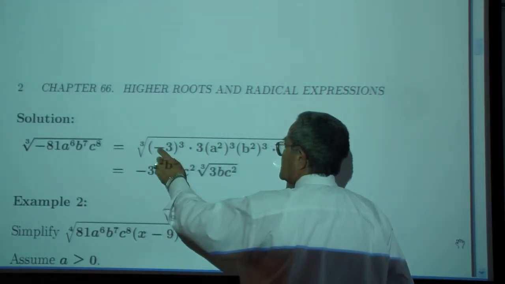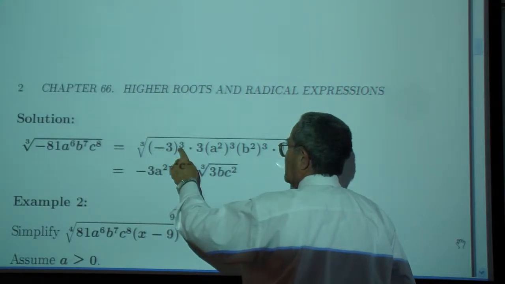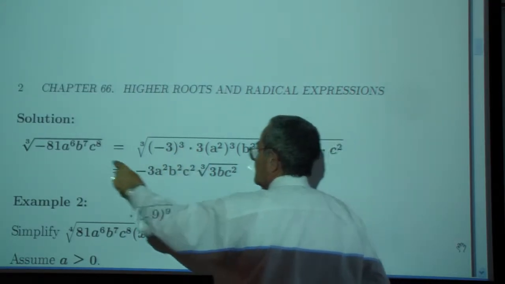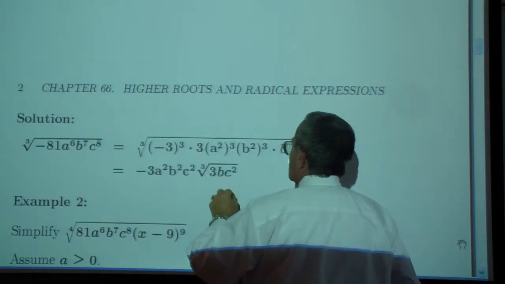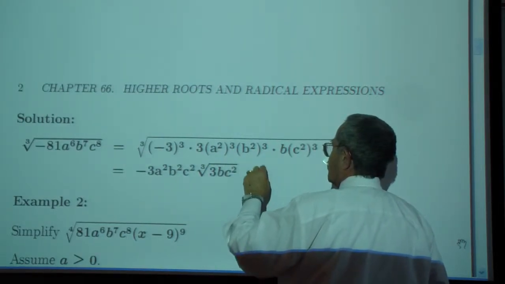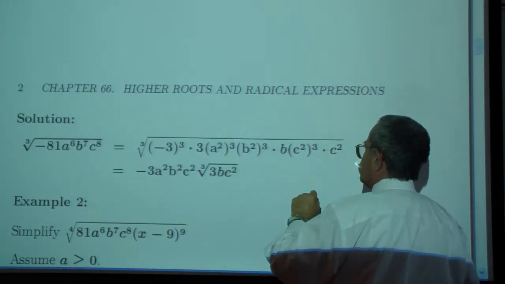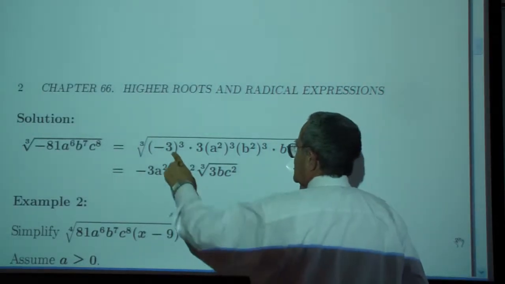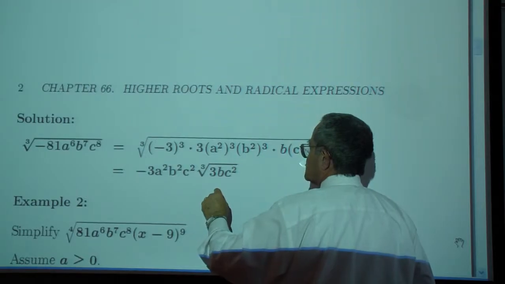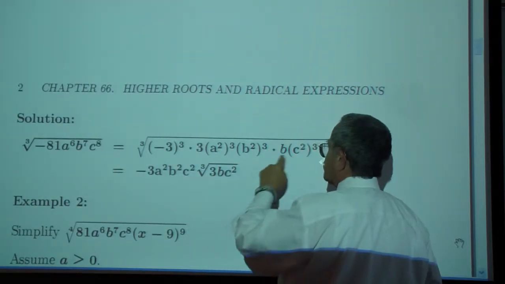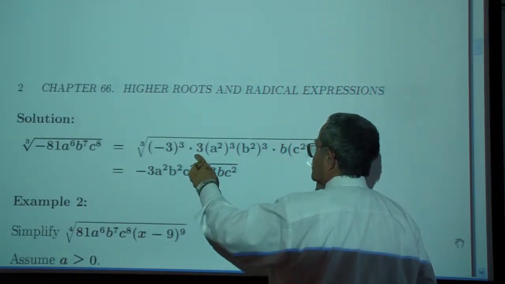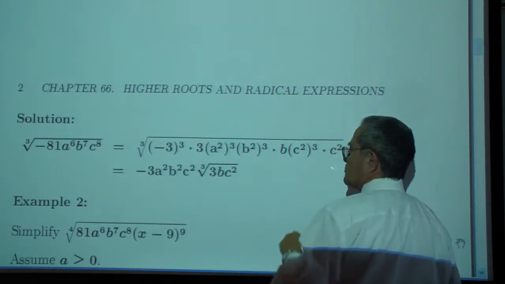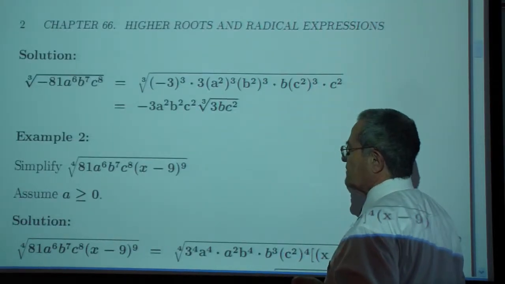So you have negative 3 to the power 3 and an extra 3 to make 81. You have 3 groups of a squared, 3 groups of b squared and an extra b, 3 groups of c squared and an extra c squared. The negative 3 comes out, the a squared, the b squared, the c squared come out. You're left with negative 3 a squared b squared c squared times the cube root of 3bc squared. Not that difficult.